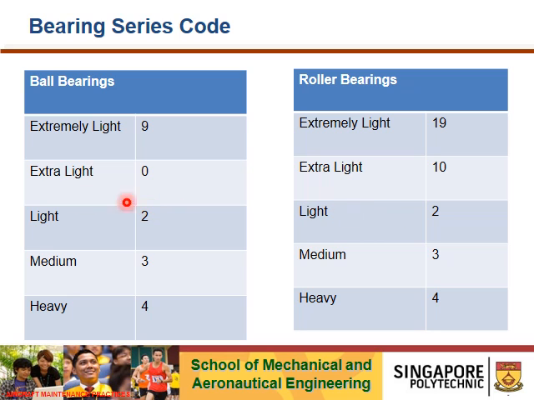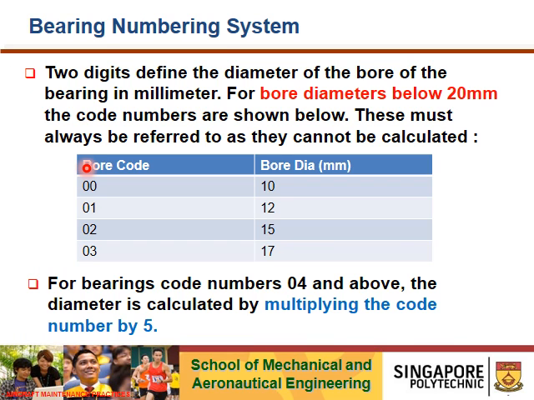Okay, let's move on. So we talk about the last two digits. The last two digits represent the ball diameter. The 2 digits define the diameter of the ball in millimeters. For ball diameter below 20, the code numbers are shown below.